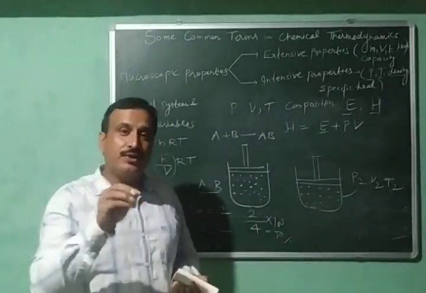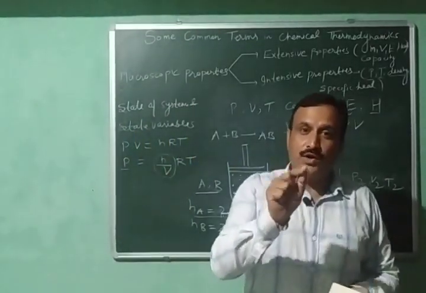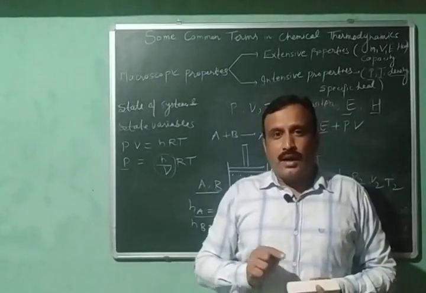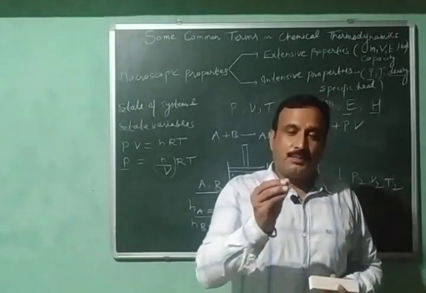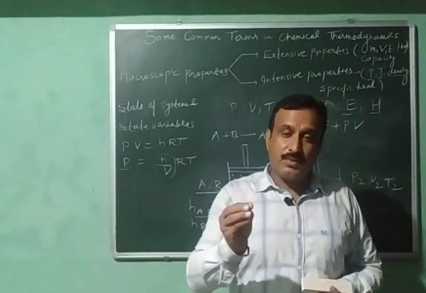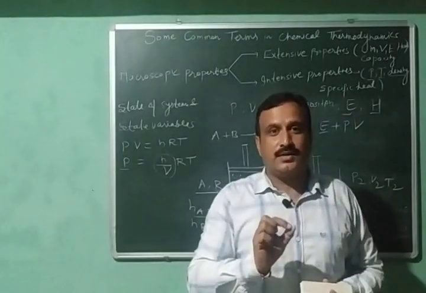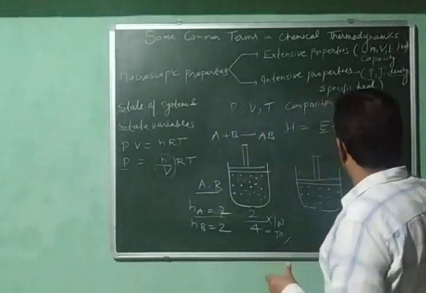Then we are left with only three variables, and the three variables are now pressure, volume and temperature. Okay, and if we have an ideal gas, then the pressure, volume and temperature are also related to each other. They are interdependent according to the ideal gas equation.